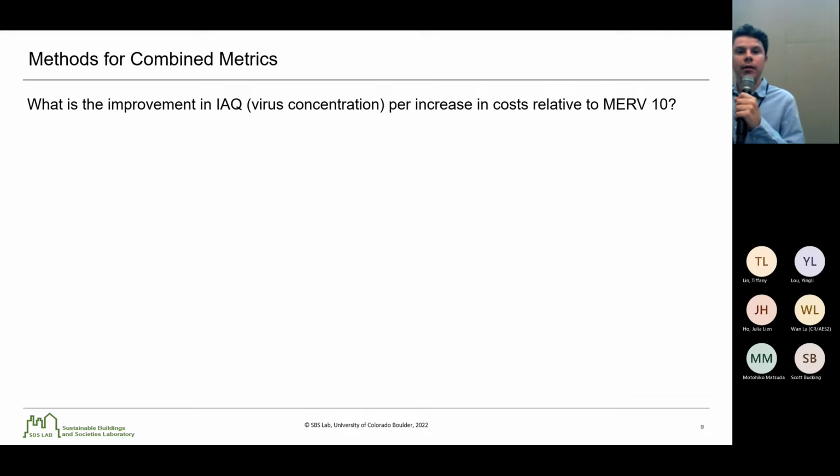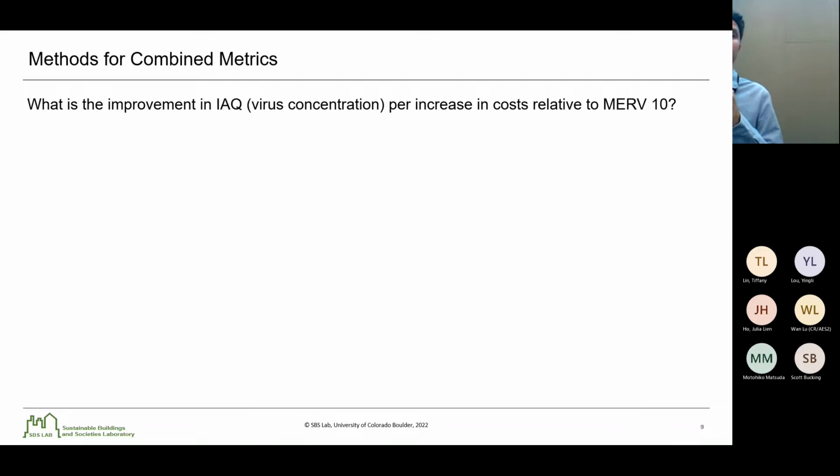And so then lastly, we look at improvement in indoor air quality in terms of virus concentration, and we calculate these costs and emissions, but we want to combine them and see in particular what is the improvement in indoor air quality relative to some increase in costs and emissions.